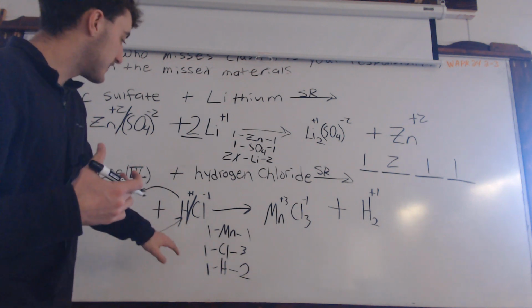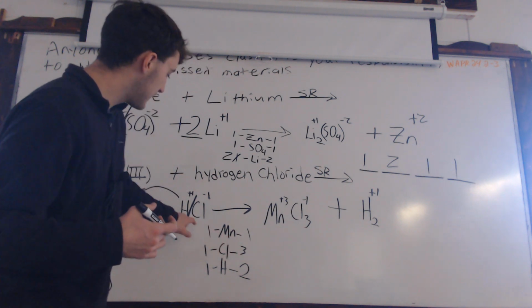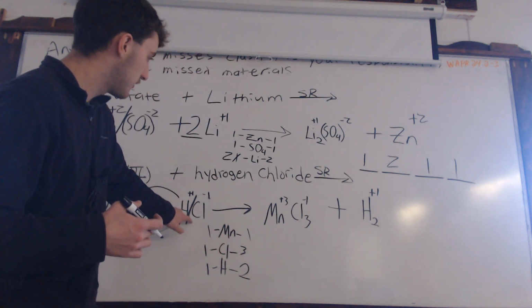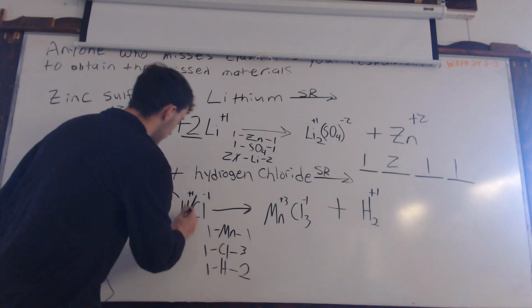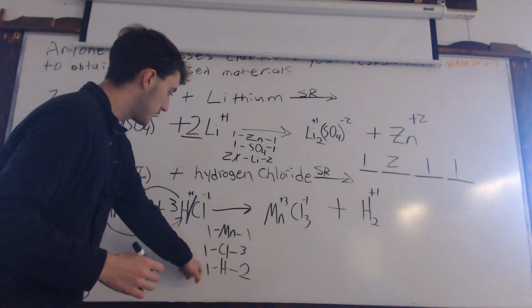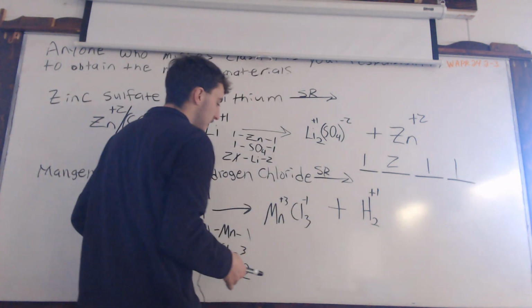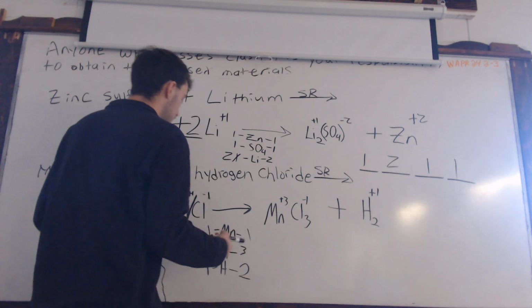And I can see that, if I do some quick math in my head, if I want 3 chlorine on this side and I draw on a 3, that means I have 3 hydrogen on the left side. There's no way I can get 3 hydrogen on the right side, on the product side. So we can't do a 3.